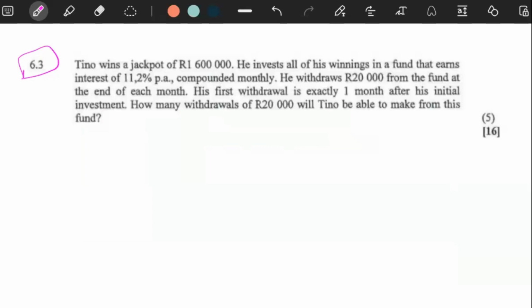As mentioned already, a question like this has a very specific way that you want to answer it. The way you want to look at it is that this 1,600,000, this money is gaining interest, you see. And then while it is gaining interest, you are withdrawing from that money every month, you see.